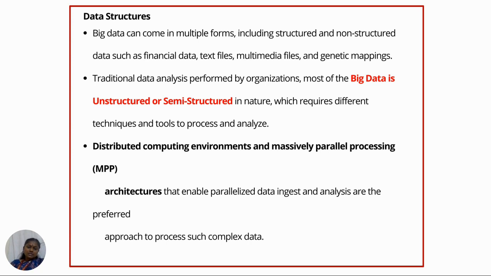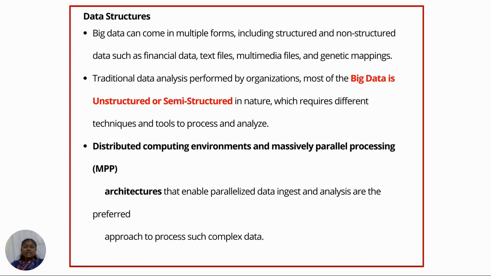Then data structure. As I told you, data generation is in increasing order. So we divide the data into structured or non-structured data, such as financial data, text files, media files, and also some of the genetic mappings.